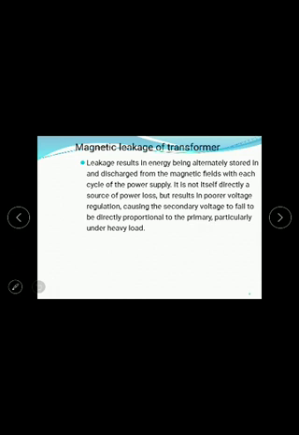Magnetic leakage of a transformer: leakage results in energy being alternately stored in and discharged from the magnetic fields with each cycle of the power supply. It is not itself directly a source of power loss, but results in poor voltage regulation, causing the secondary voltage to fail to be directly proportional to the primary, particularly under heavy load.